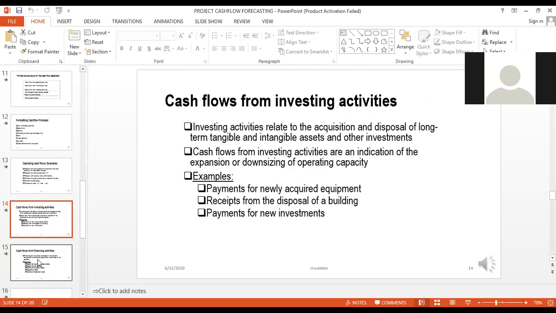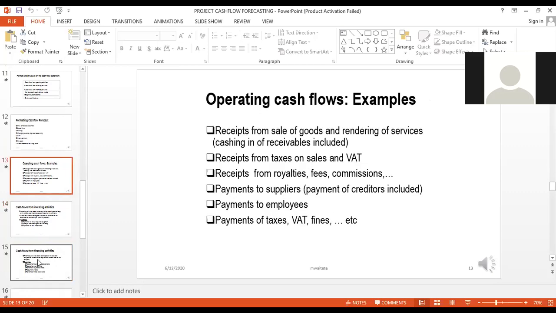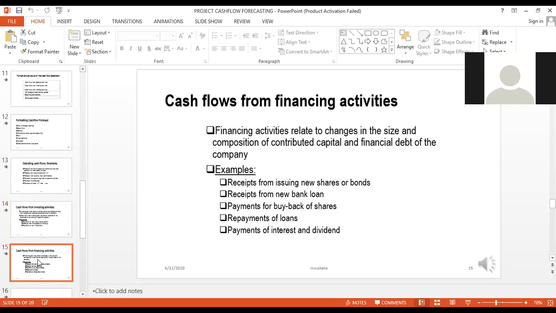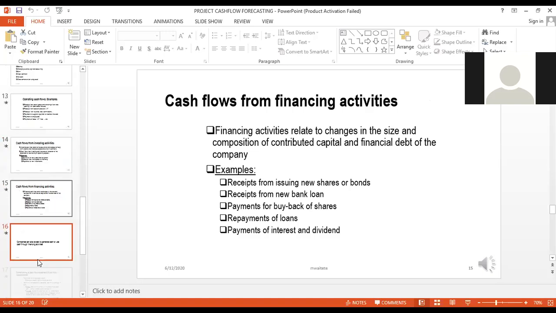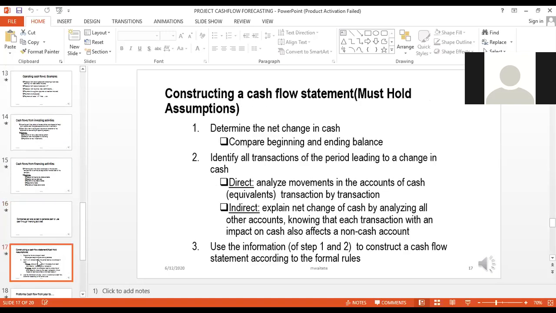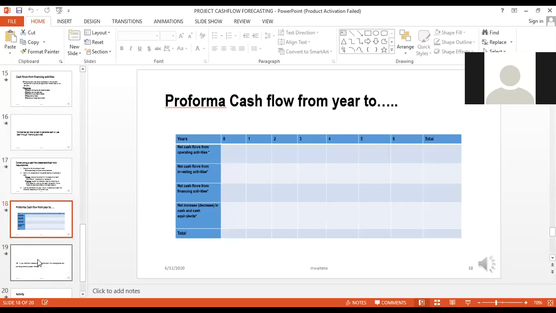Include operating cash flow, cash flow from investing activities, cash flow from financing activities, and so on. So you will have the structure for our pro forma cash flow. We will plan based on those categories of cash flow from year 0, year 1, year 2, year 3, year 4, 5, 6, 7, and so on. So at the end of the day, we can have the total.